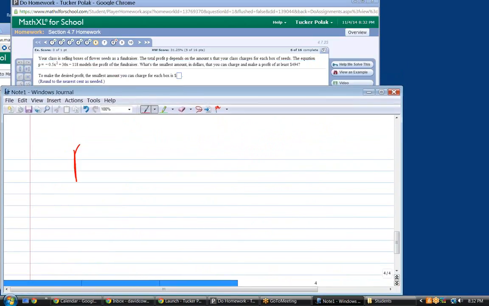So we have an equation here. It's quadratic. Where x is the amount that you charge for these boxes of flower seeds.